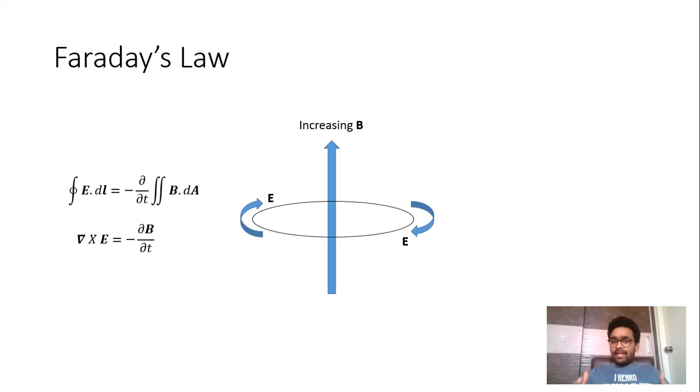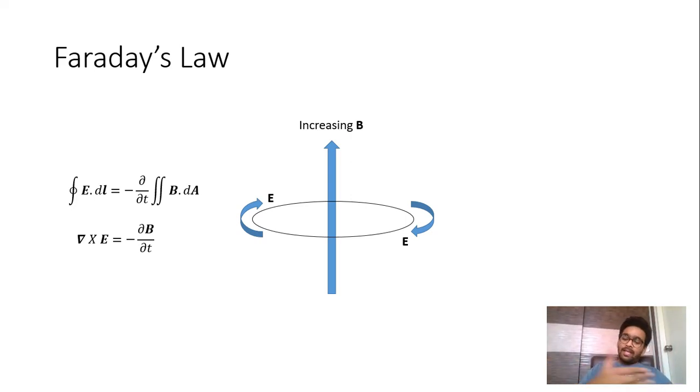That means magnetic field and electric field are no more separate. They are interlinked. You cannot say simply electric field or simply magnetic field. Of course, if you have a static electric field and static magnetic field, then it's okay. But if these two are varying, combined you can call them electromagnetic fields.